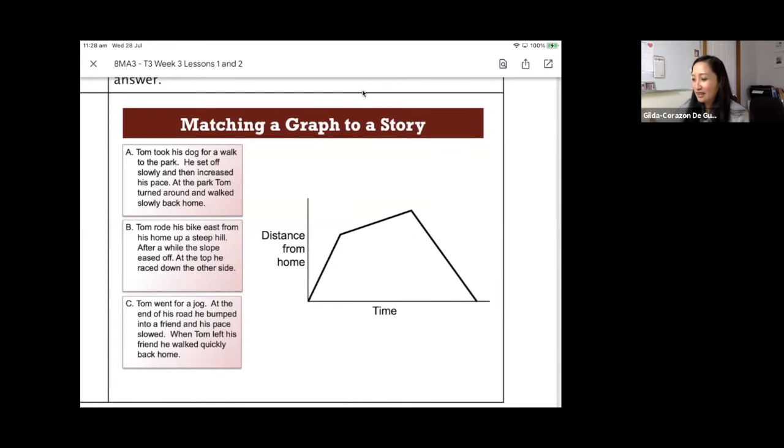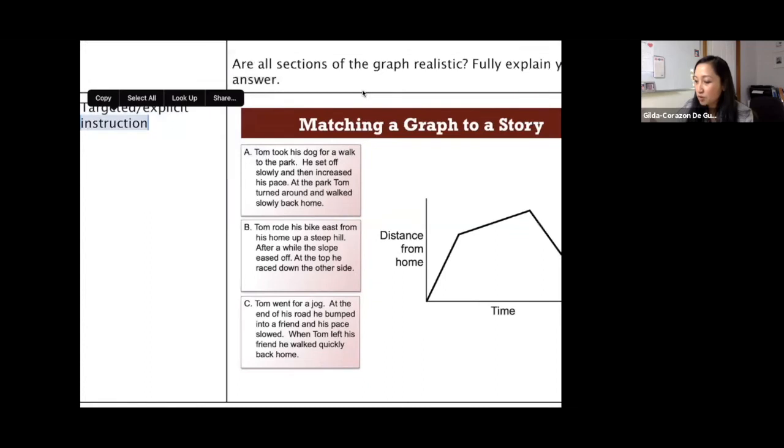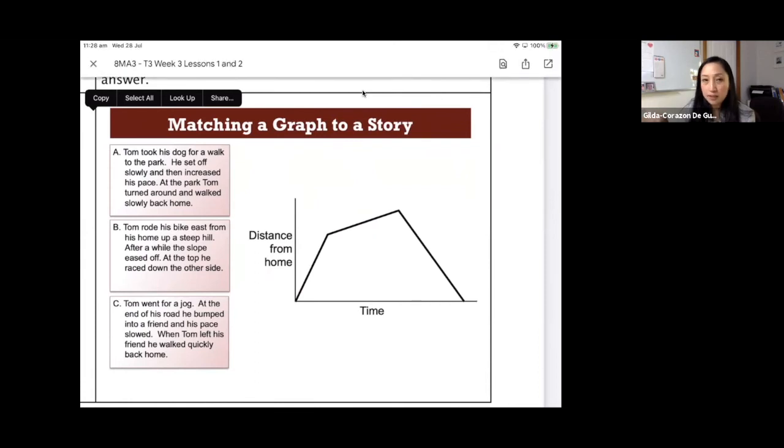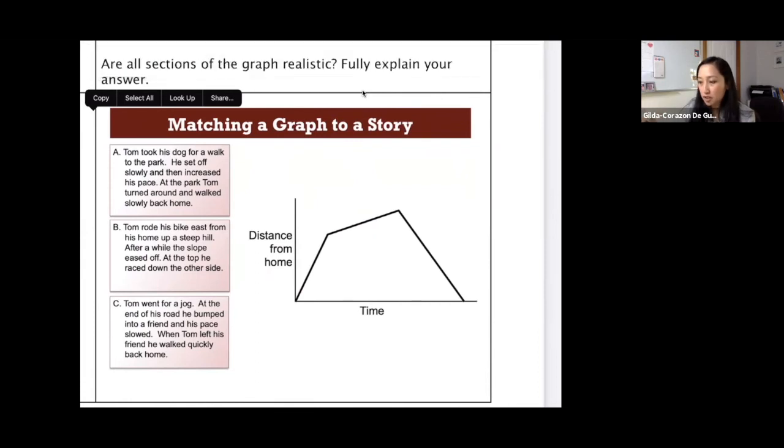That's right. Okay, so we know that he went back because the distance there went back from the top going to your horizontal. So when it approaches the horizontal, that means it's going back. Or you could also say that when the line would be leaning to the left, then that means that person or that object would be going back to its origin.